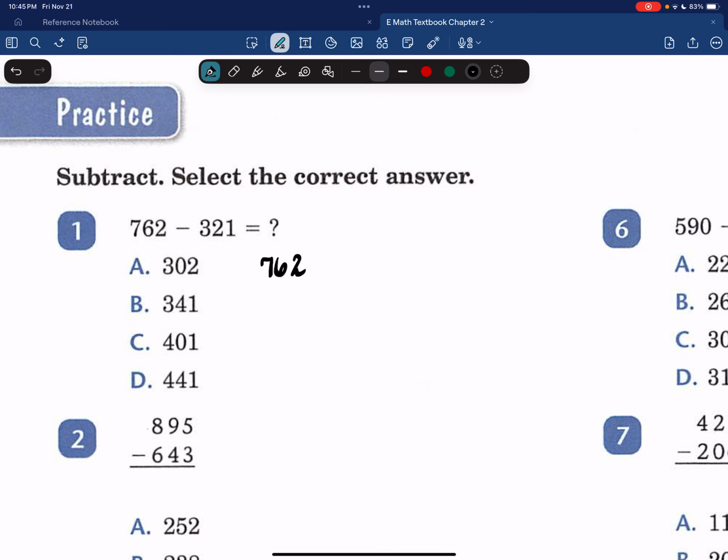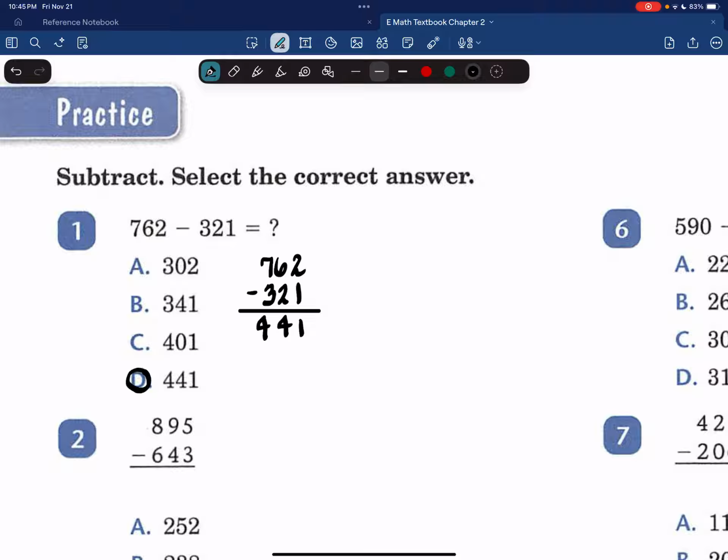762 minus 321. Make sure you line up your places correctly. 2 take away 1 is 1. 6 take away 2 is 4. And 7 take away 3 is 4.